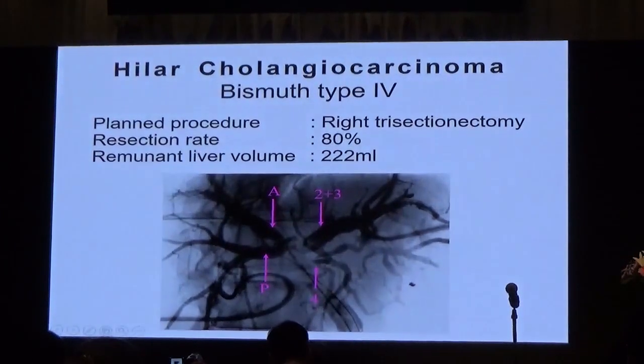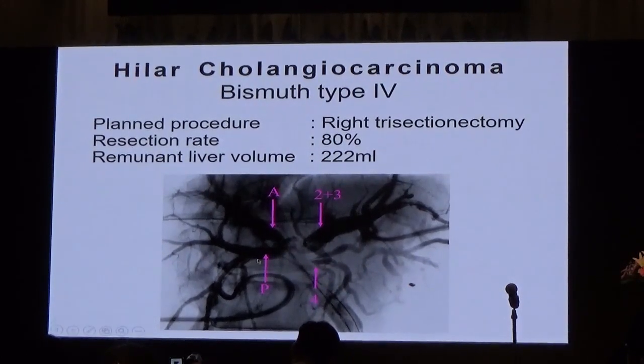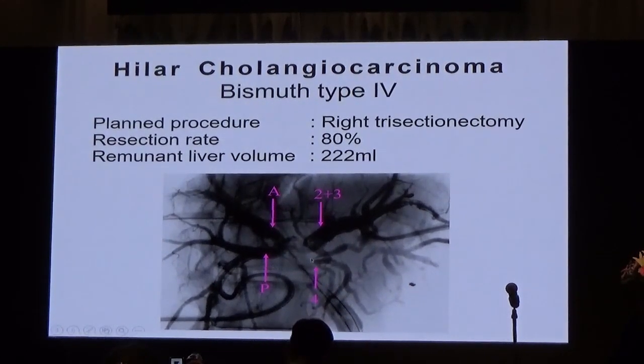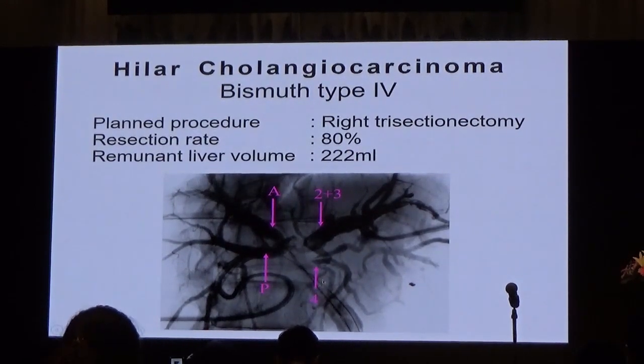This is a very, very difficult case of chronic cholestasis because of delayed biliary decompression. The right anterior and posterior ducts are separated. Also the left is separated: left lateral and left medial, 2 plus 3 and 4. The segment 4 duct is separated into multiple units.